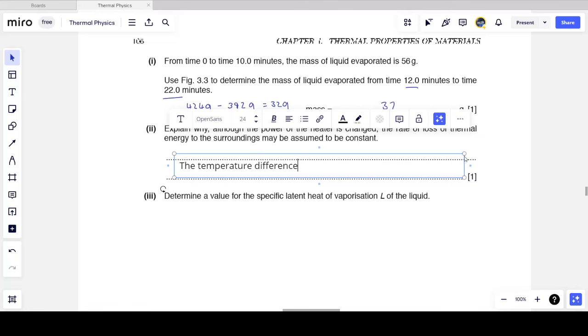I can also leave my masses in grams because they want L to be calculated in joules per gram. Okay, so what do I get?